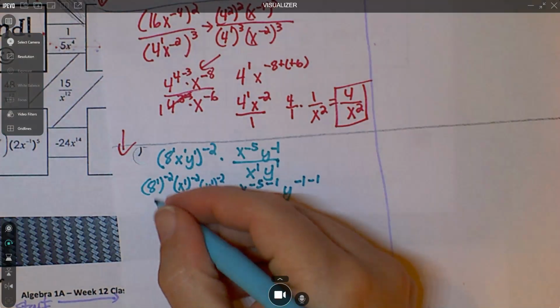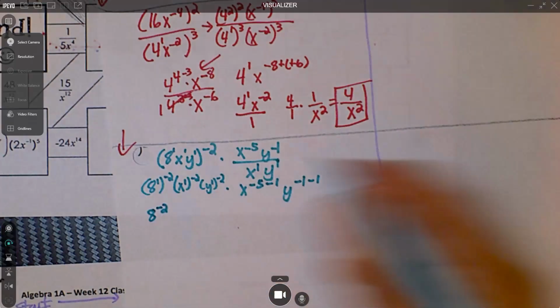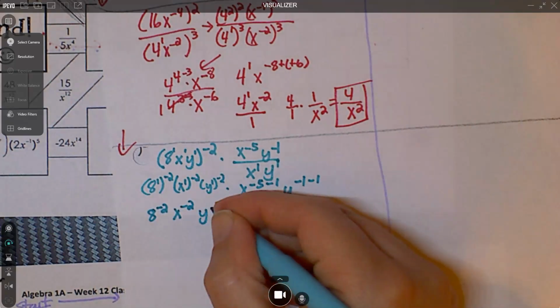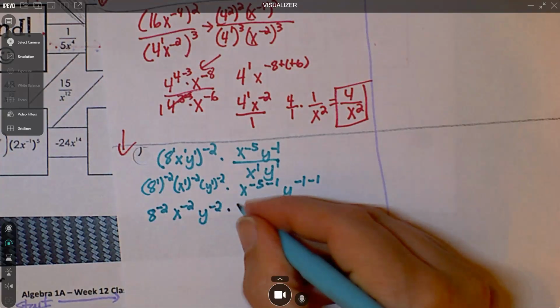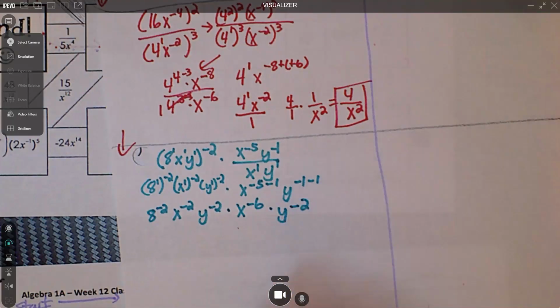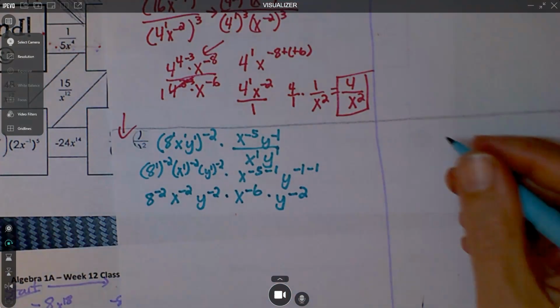So, let's see, that'd be 8 to the negative 2, x to the negative 2, y to the negative 2 times x to the negative 6. Okay, so all of these are going to be the reciprocal of the positive power.